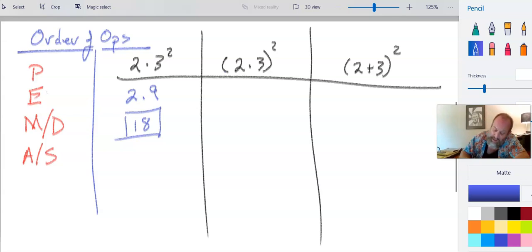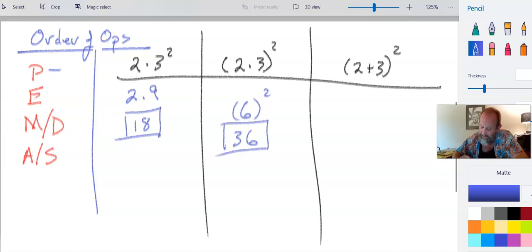If I look at this, I have operations in parentheses. So you want to handle the operations in the parentheses before you handle anything outside of the parentheses. So 2 times 3 is 6. So this makes that 6 squared. And then if I square 6, I get 36. And so that's the answer I get for that one.